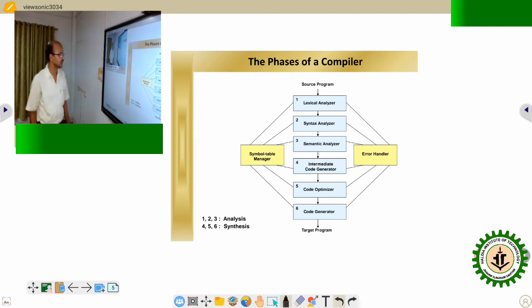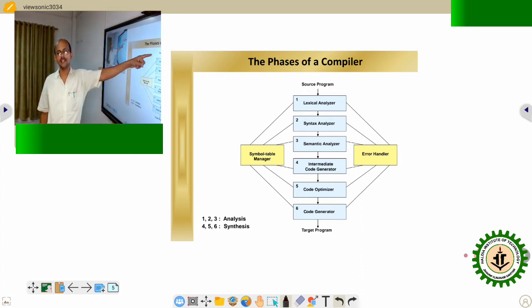Now these are the phases of the compiler. It's not that in a single stage or single phase the total program is processed into machine code. Through a number of phases the compiler works. Typically there are 6 stages, and we write the source program as input.